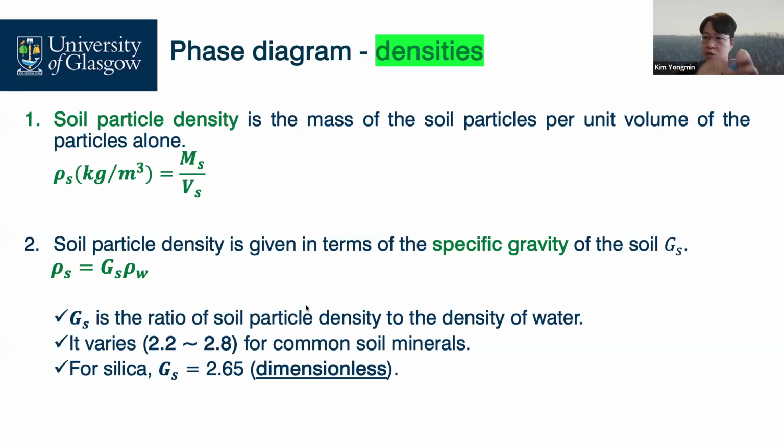It means that soil particles are heavier than water. How much? 2.2 times and 2.8 times. This is the specific gravity. When you hear about specific gravity, oh, these objects need to be compared with water.